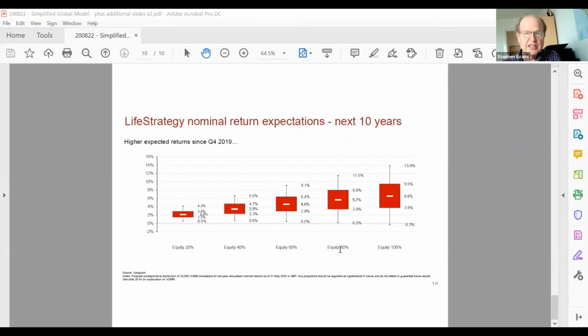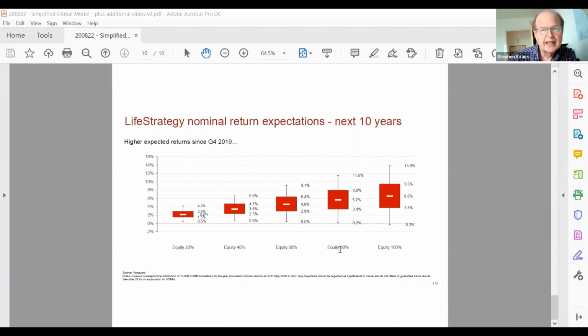So that is a summary of our simplified investment strategy, giving exposure to the 12,000 quoted companies across the world in the proportions that, based on the evidence, we feel that you would get that extra premium from a weighting in the smaller companies, in value companies, and in emerging markets.